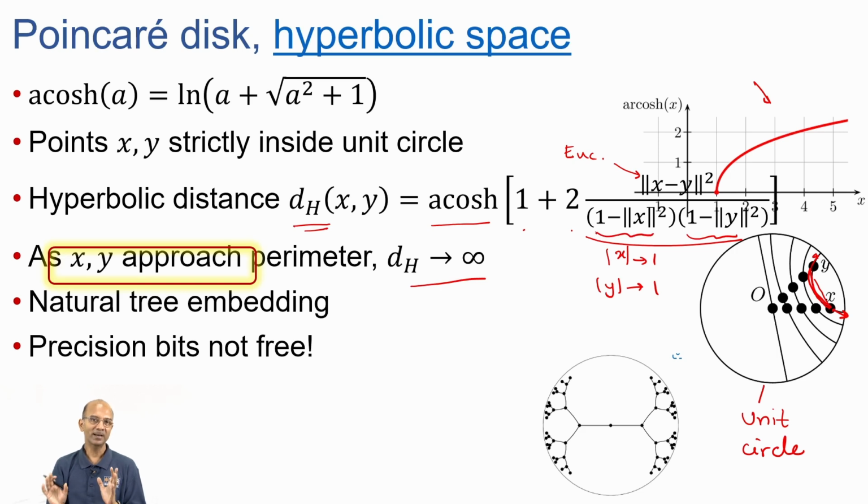This is a very nice cheap fix. It basically says that looking at this disk from the Euclidean point of view, it has finite perimeter. However, looking at it from the point of view of hyperbolic space, it has infinite perimeter.